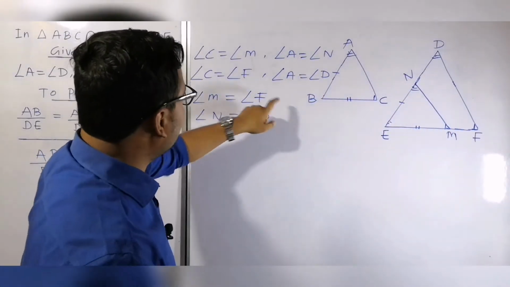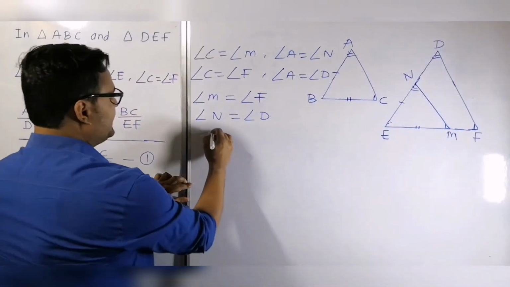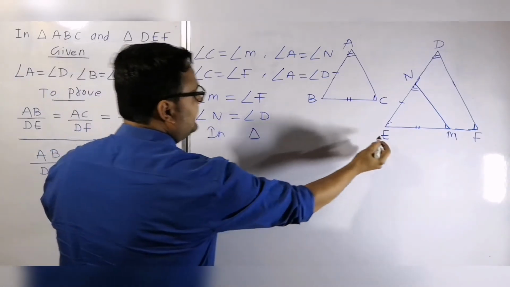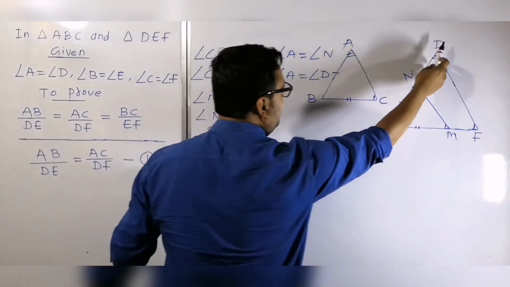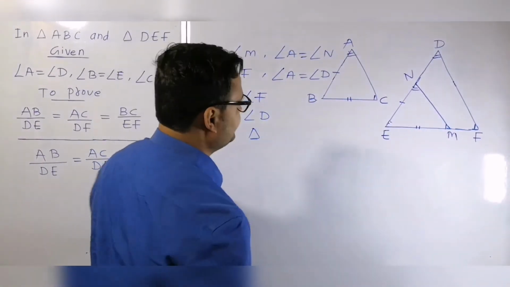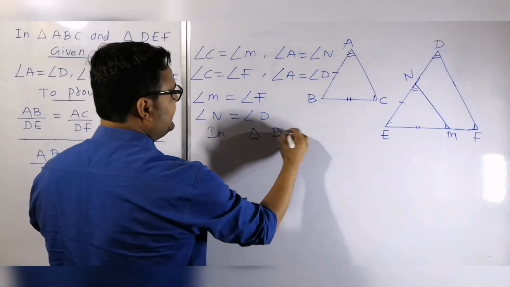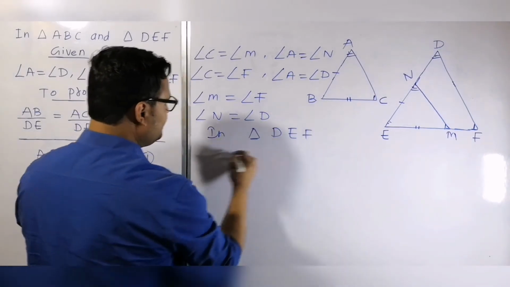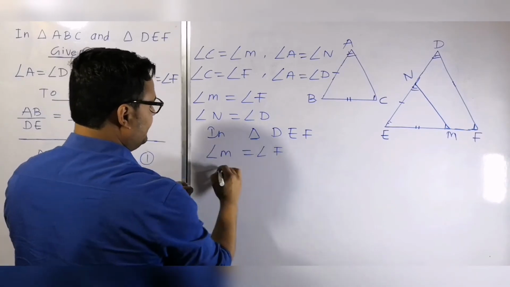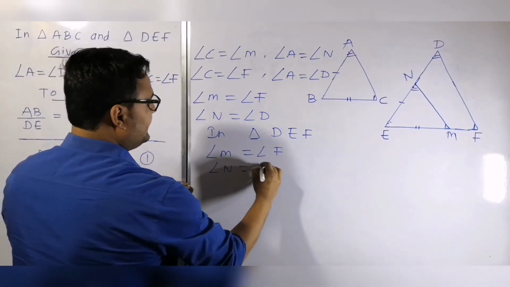So M equal to F, N equal to D. So in triangle EFD or DEF, I can write any name, that doesn't matter. In triangle DEF, angle M equal angle F and angle N equal angle D.